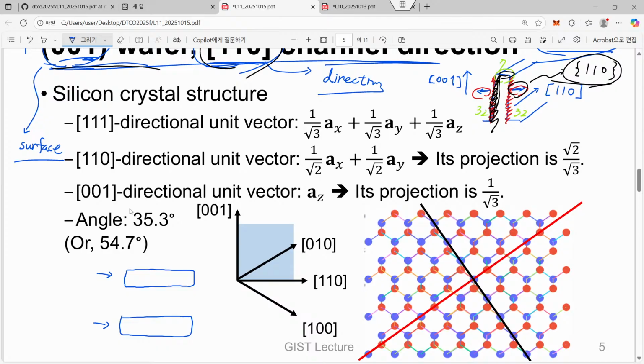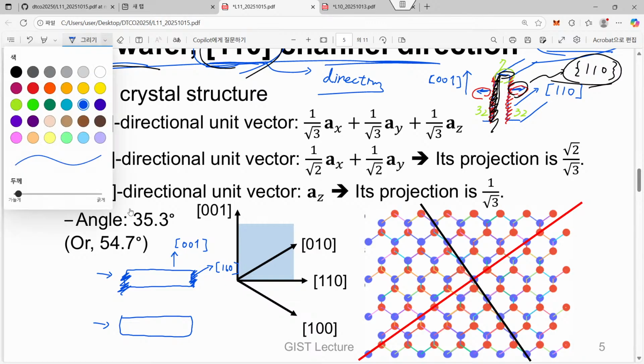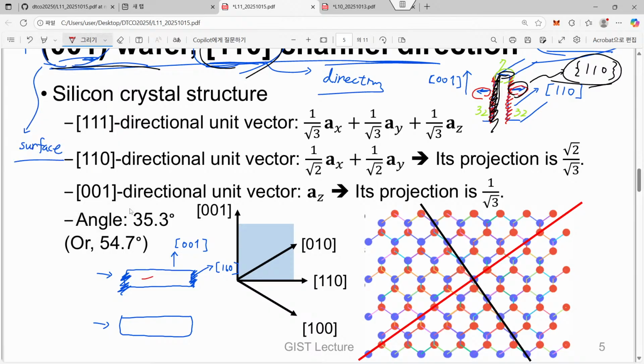And when we take directions into account once again, this one corresponds to 001, and this one is 110. So previously it was the most important surface, but now the most important surface becomes this one once again.